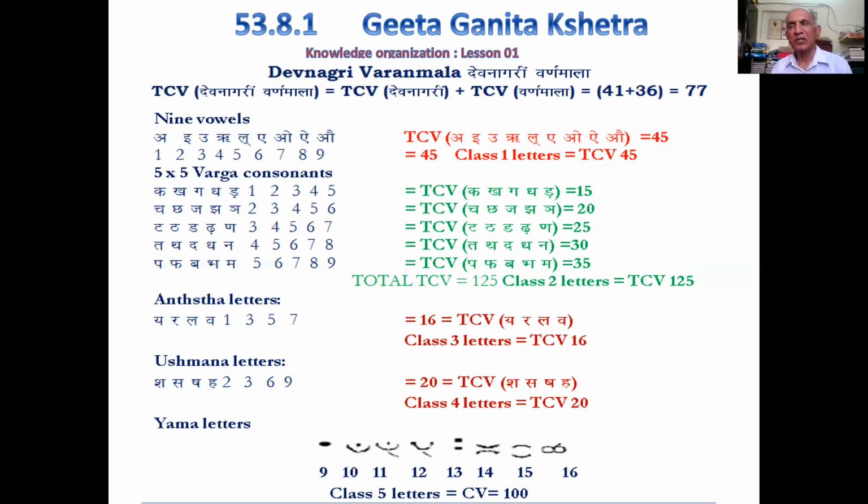The third group, which is a part of this second group of consonants. So consonants have the first group as Varga consonants and the second group as the Anthastha letters. And the third group of the consonants is designated as Ushmana letters.